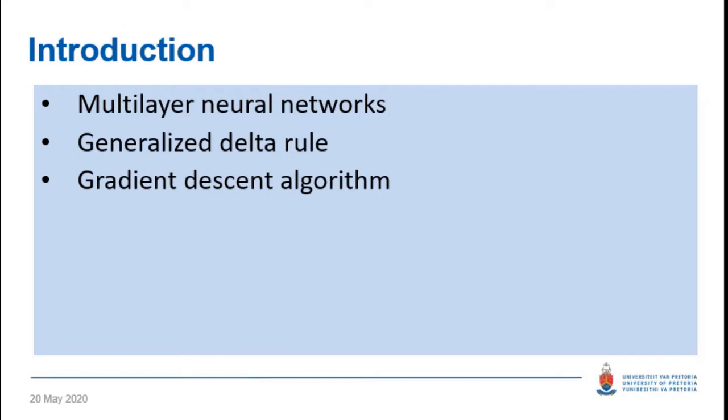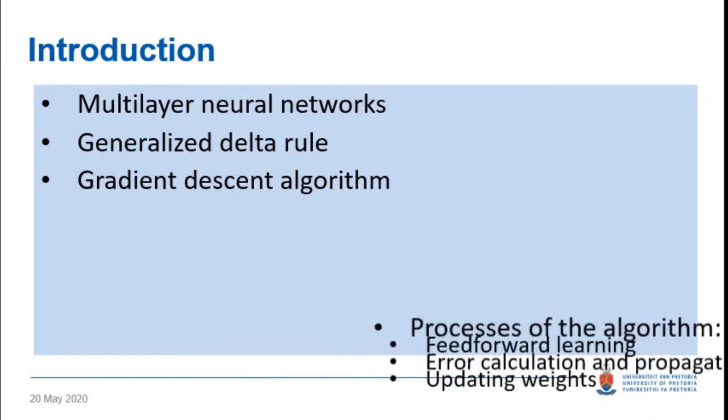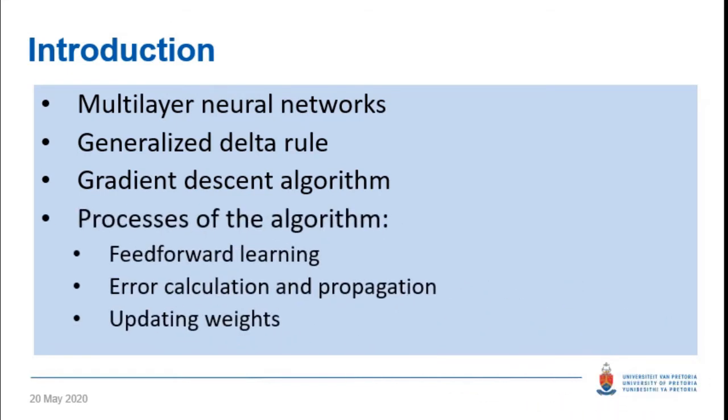So if we look at the backpropagation learning algorithm, as its name suggests, basically what happens is you work in the way you normally do with your other algorithms, like the perceptron learning algorithm, where you train from your input layer going through to your output layer.